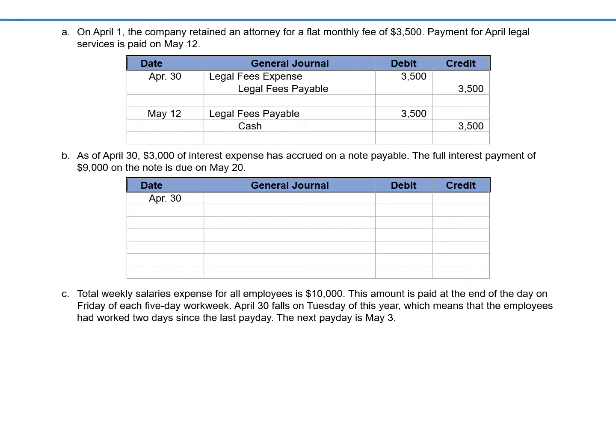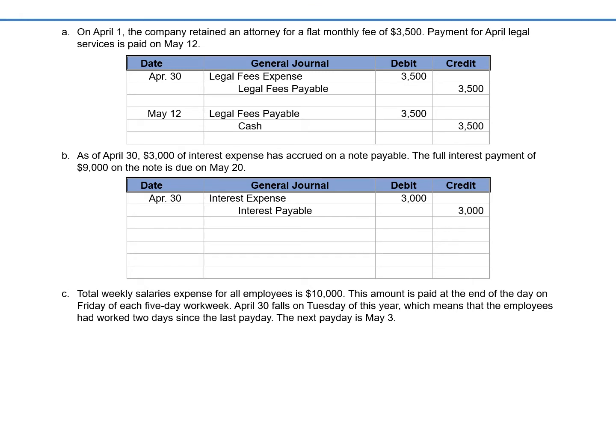And so to do that, we're going to have interest that's due in the future, but is incurred today and needs to be recorded. So we have interest expense. We increase expenses with debits. So there's our $3,000. We have an interest payable, right? And a payable means it's a liability, and liabilities are increased with credits.